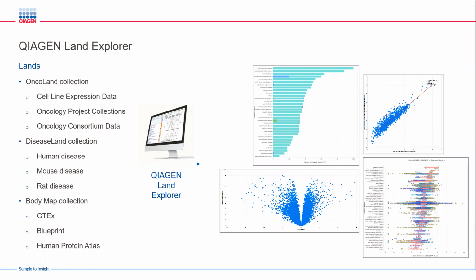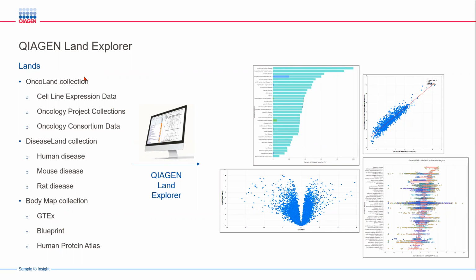Land Explorer is an extension of IPA, which makes it easy for researchers like you to explore disease-relevant data. It serves as a central location for a vast amount of transcriptomic data, and you can visualize this data in many different ways. We have 3 different types of collections. When it comes to this omic data, transcriptomics data, we have the Oncoland collection.